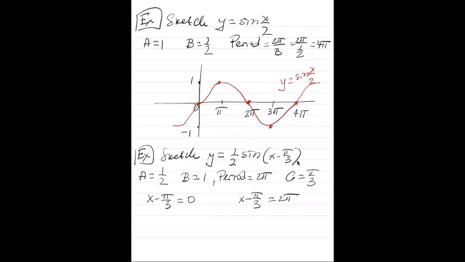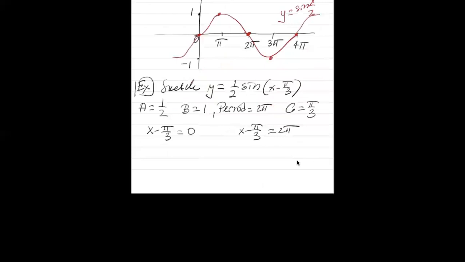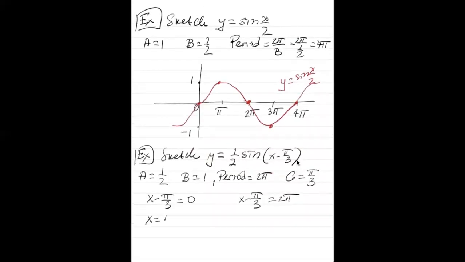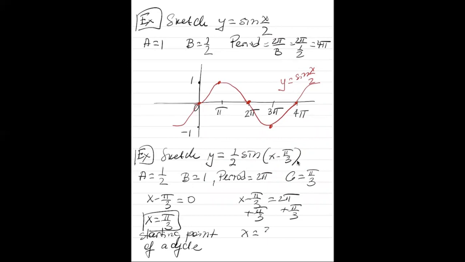Or you can think about c equals pi over 3, that means we're going to shift to the right pi over 3. But I think this is easier to find the points. So pi over 3 is the starting point of one cycle. And solving the other equation, x equals 2 pi plus pi over 3, which is 7 pi over 3. And this is the ending point of one cycle.